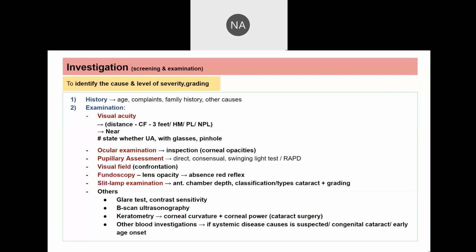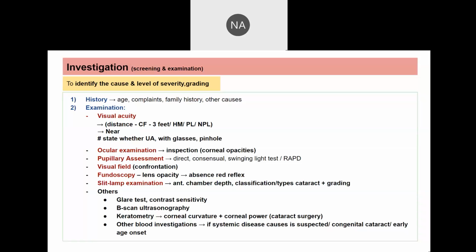So we want to measure that. And also we can do B-scan ultrasonography. Usually we use fundoscopy to see inside the retina, but since this is blocked, we can use B-scan ultrasonography. And for keratometry, it's basically because we want to measure the corneal curvature and corneal power.